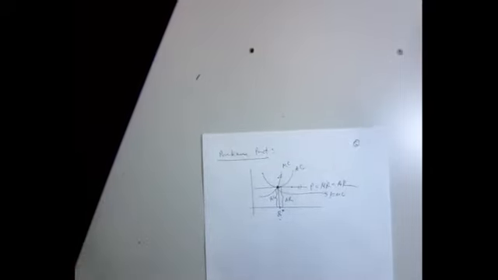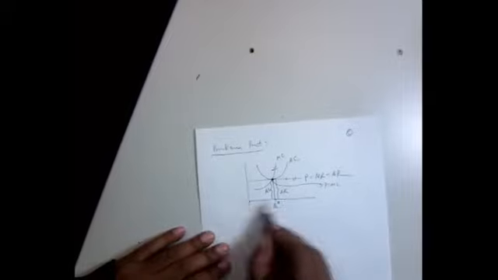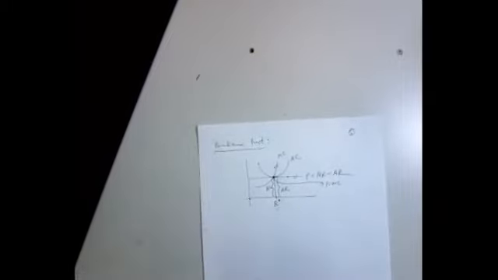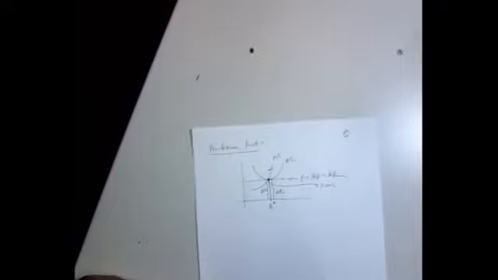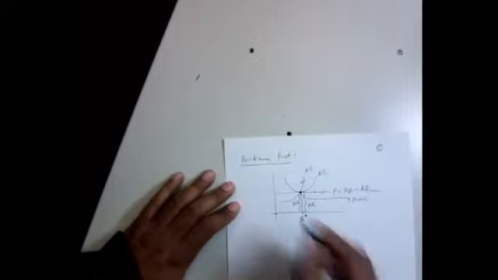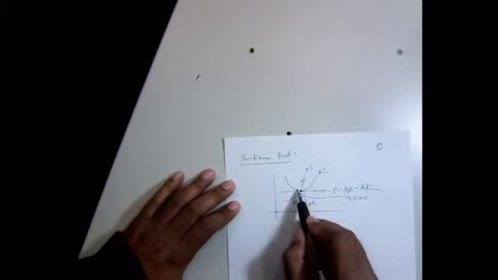Will be 0. 0 times whatever output you produce, 0 times any positive number will be 0. Actually, 0 times any real number will be 0. No, still not enough. 0 times any infinite is also 0, right? So basically, 0 actually creates some sort of identity here. So in this case, you actually find your profit 0.